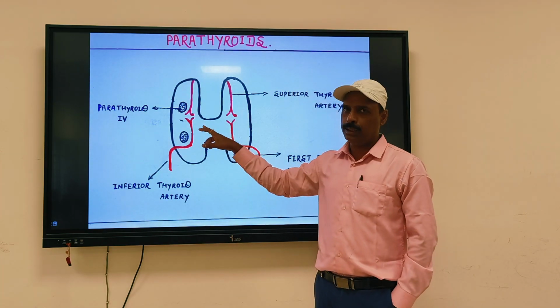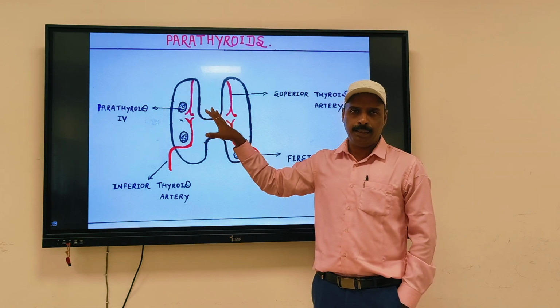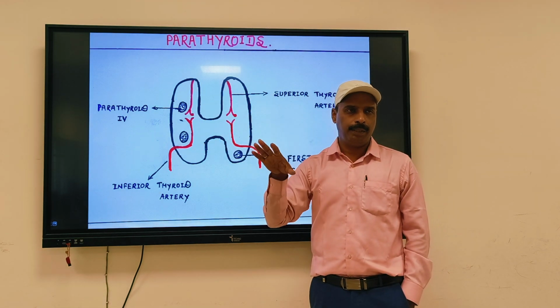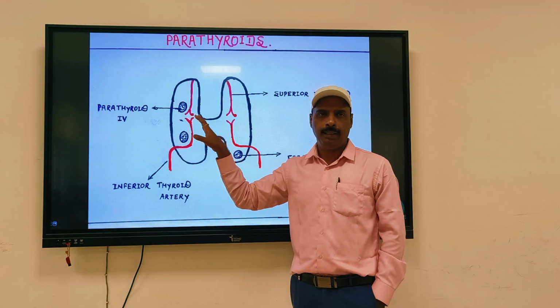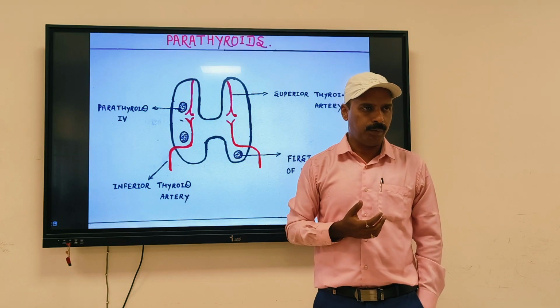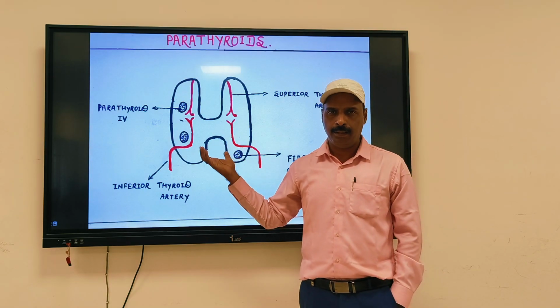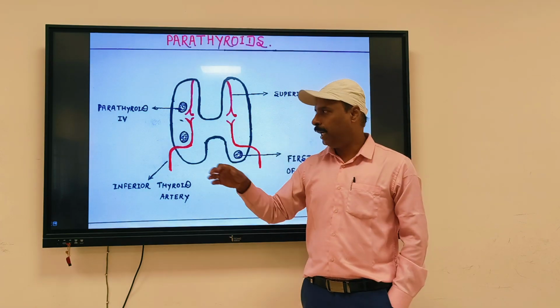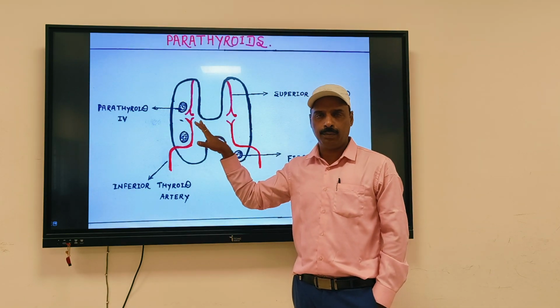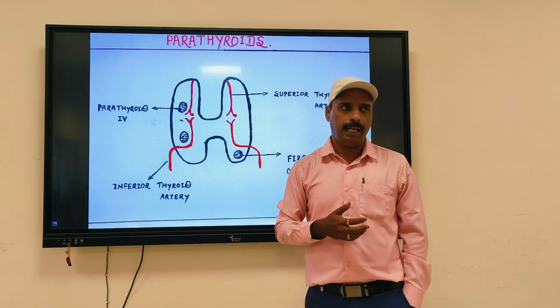Venous drainage will be the superior, middle and inferior thyroid veins, and lymphatic drainage will be the deep cervical group of lymph nodes, as the thyroid drains to the pretracheal, paratracheal and prelaryngeal nodes. Through those only the lymphatic drainage takes place, as with the thyroid.